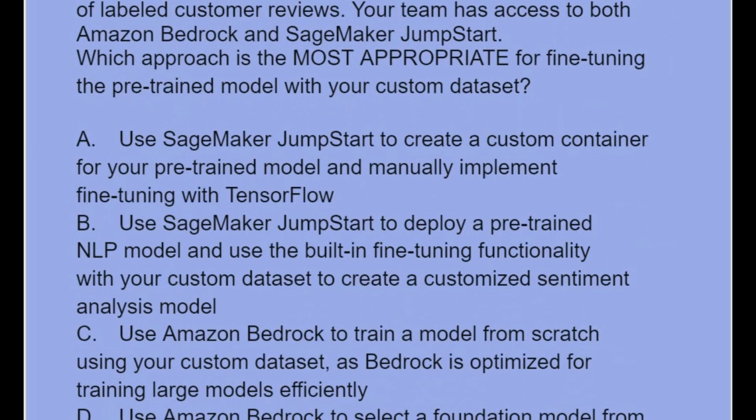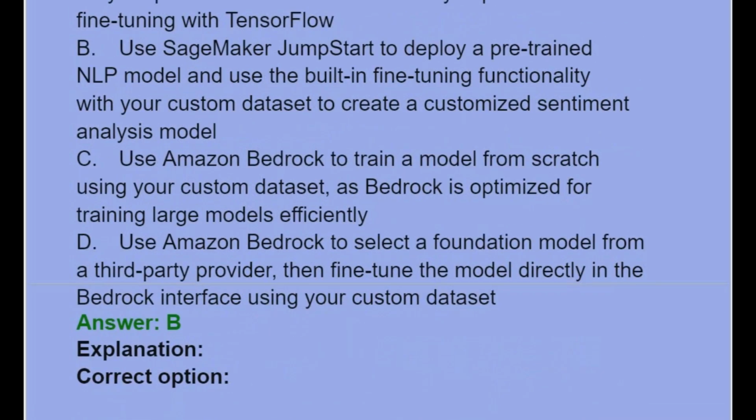Option A, use SageMaker JumpStart to create a custom container for your pre-trained model and manually implement fine-tuning with TensorFlow. Option B, use SageMaker JumpStart to deploy a pre-trained NLP model and use the built-in fine-tuning functionality with your custom dataset to create a customized sentiment analysis model.